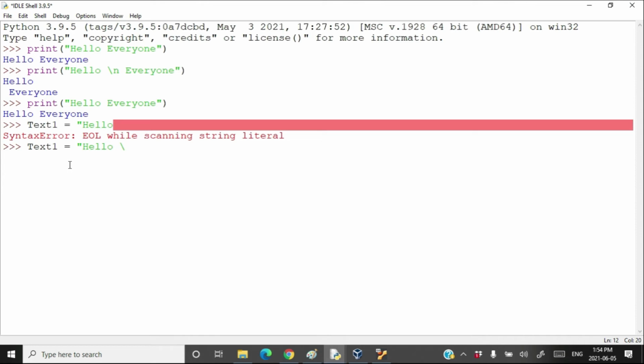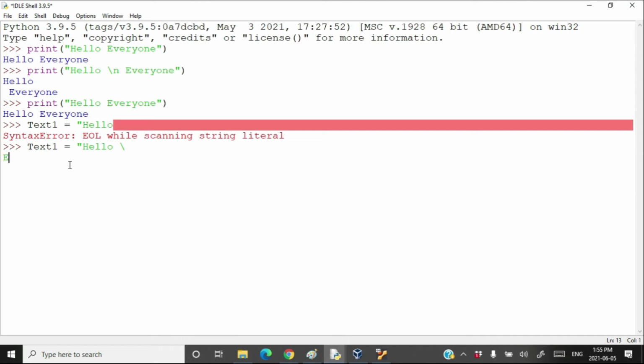So after typing the backward slash, if you type enter, then that enter will be ignored. Here I have an enter inside the string. I have pressed the enter button inside the string. That's why at this time I am creating a multi-line string.